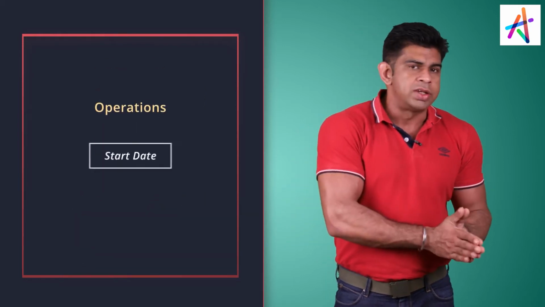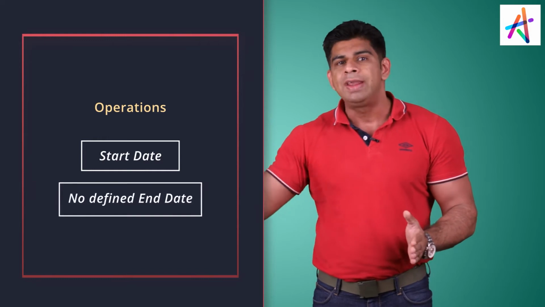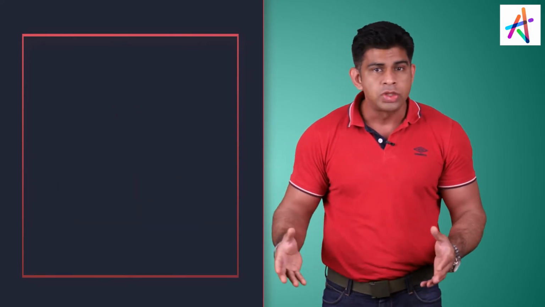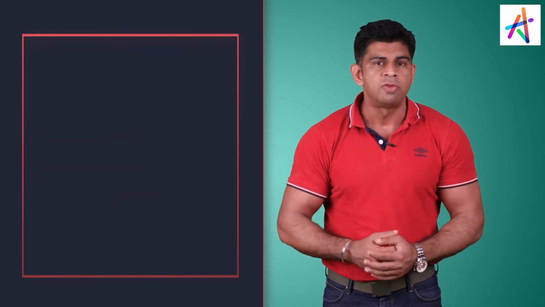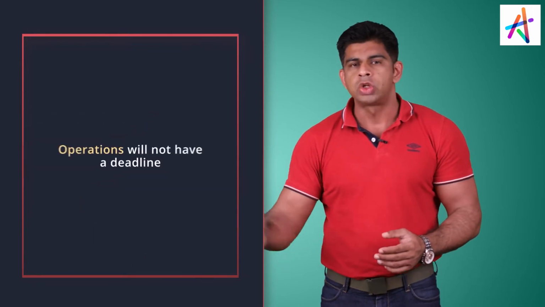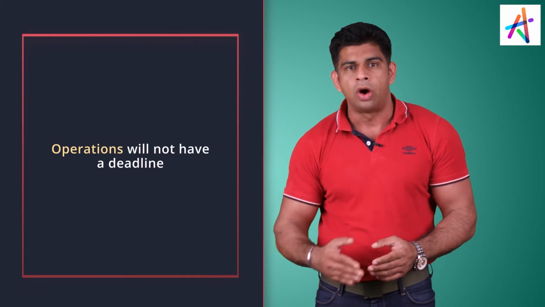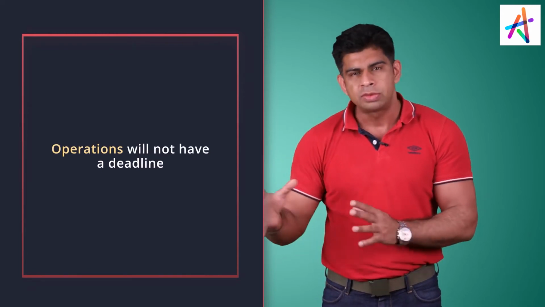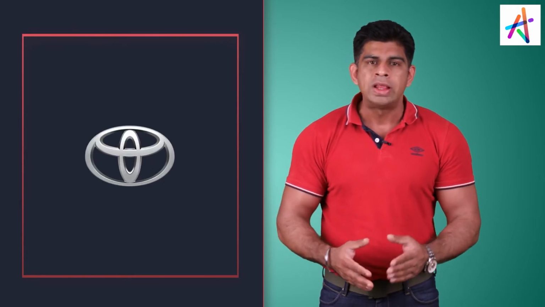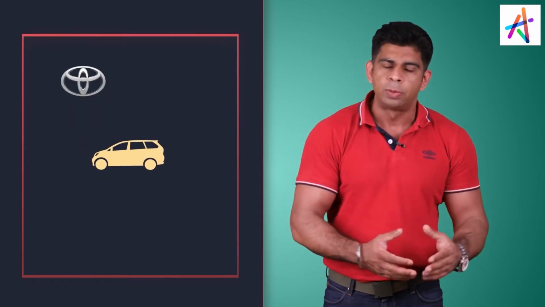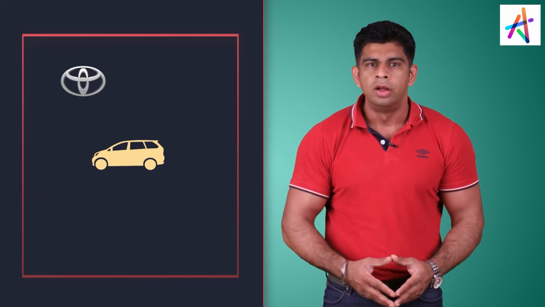Operations will have a start date, but will not have a defined end date. Both are constrained by resources. You need resources. Both generate some sort of business benefit, but operations will not have a deadline or an end date, right? It will continue. Another example of that, Toyota, when they come up with a new car, that's a project. They are launching a new car.